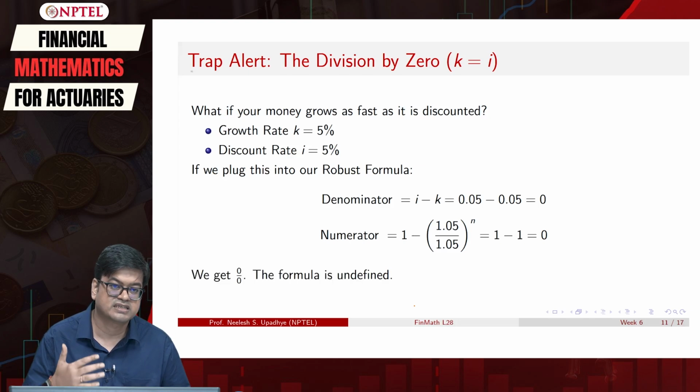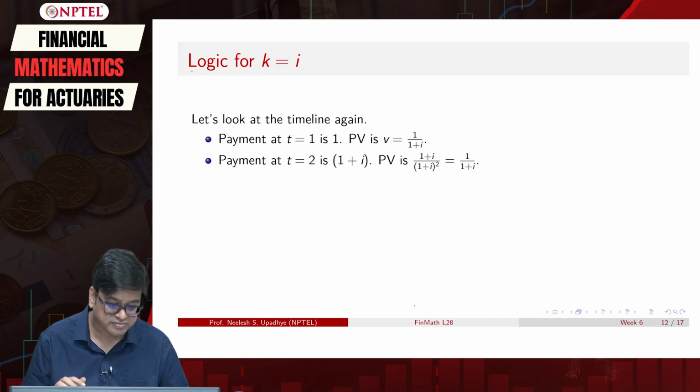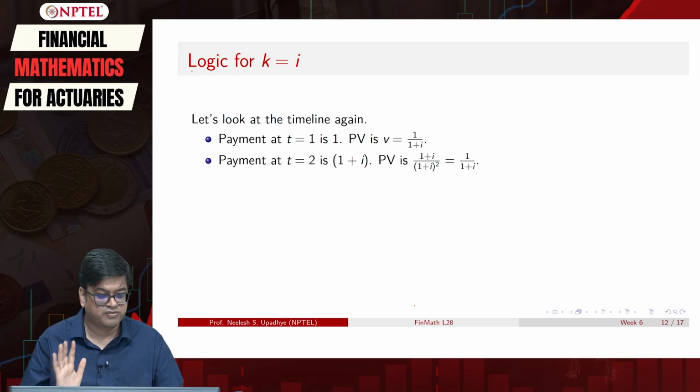So what exactly is happening at those time points? Let us see. When I am dealing with the k equal to i case, the payment at t equal to 1, which is 1, I am discounting by 1 upon 1 plus i. But the payment at 2 is 1 plus i upon (1 plus i) square, so it is again 1 upon 1 plus i.